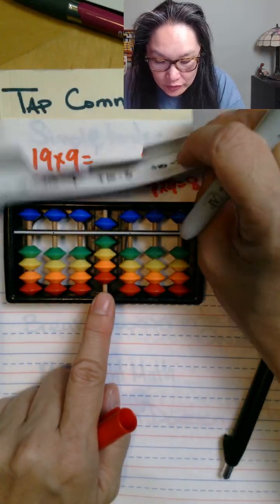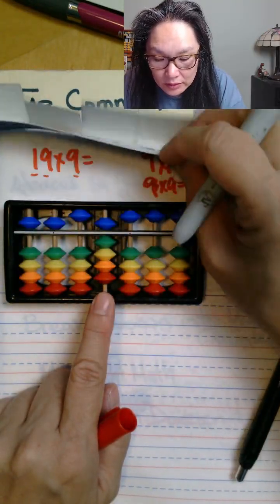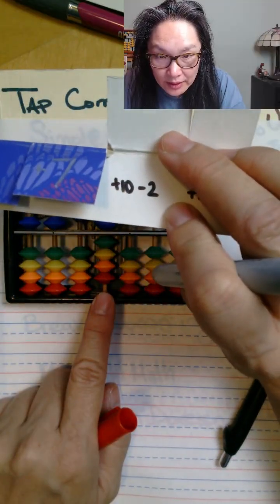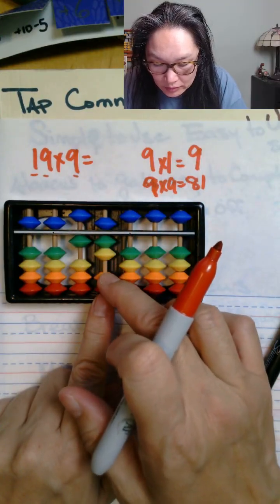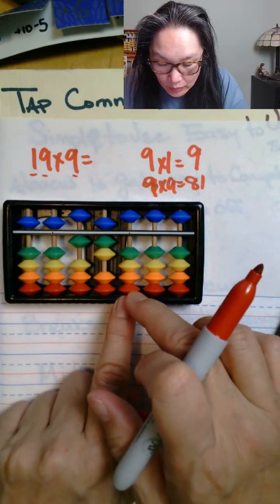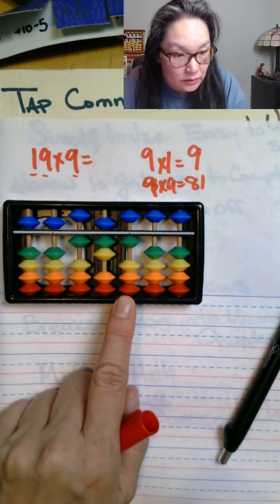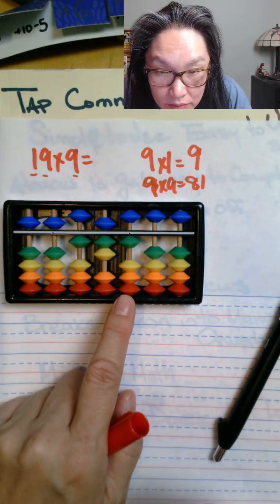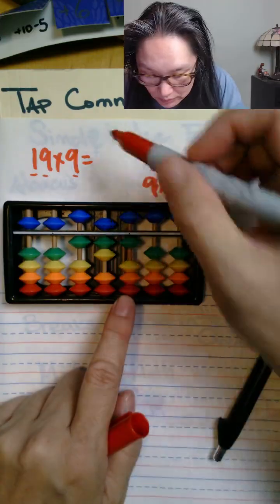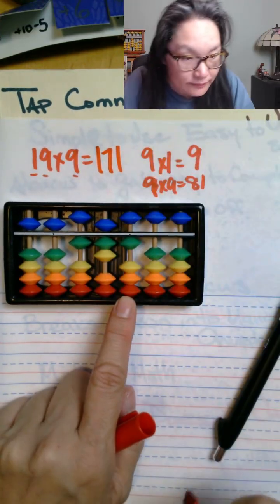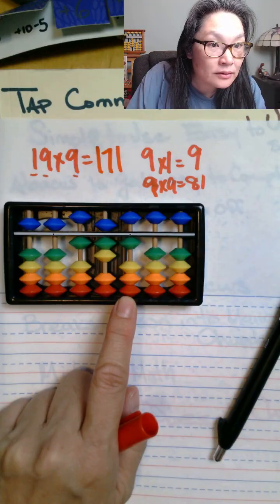So I have to plus 8, which is equal to plus the 10 minus 2. So I plus the 10, I take away the 2. And then don't forget, I need to add the 1. My answer is 171. Make sense?